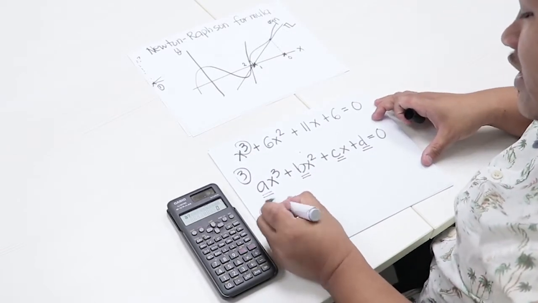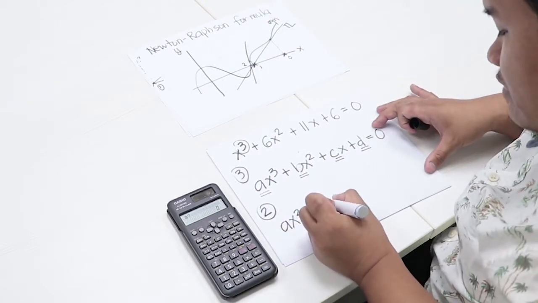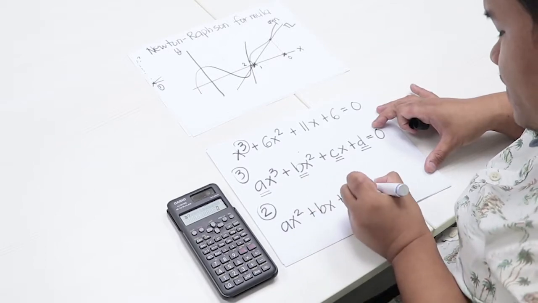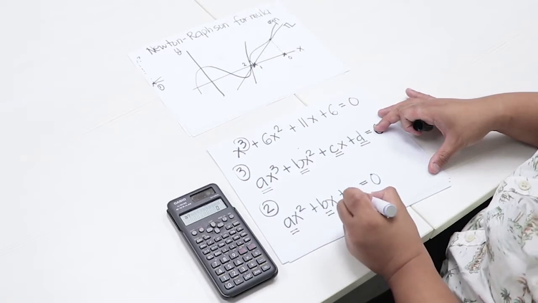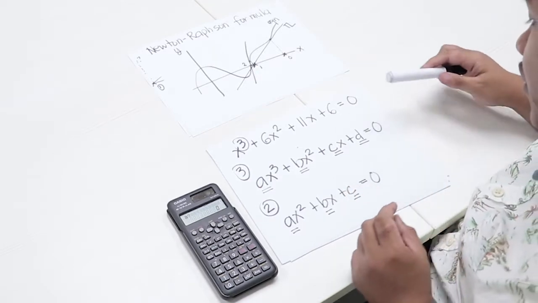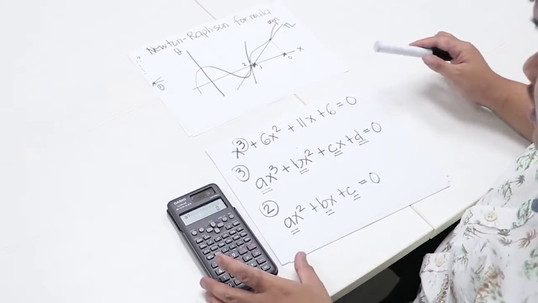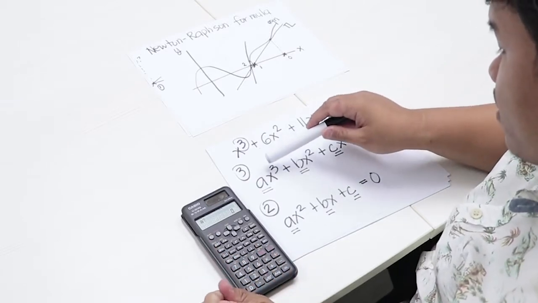In the case of quadratic, you press degree 2, so we have ax squared plus bx plus c equals 0. And then it will ask you the values of a, b, and c. So that is the only thing you need to remember. For this example, because it is cubic, we use this form.